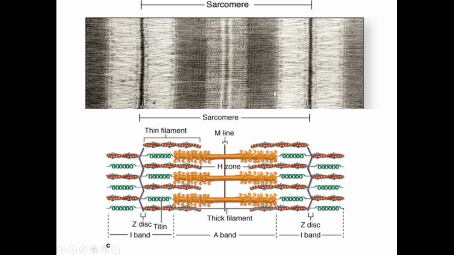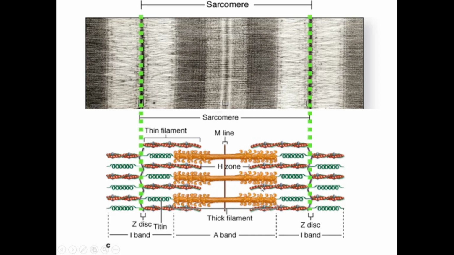All of this is due mainly to the myofilaments, thin and thick filaments. The regular organization or arrangement of these myofilaments within the muscle fibers creates features like these: I band, A band, Z disc, H zone. All of these properties are created by the arrangement of these filaments.